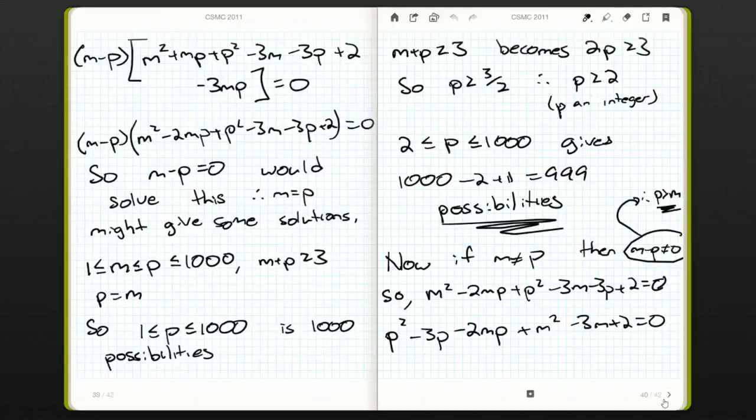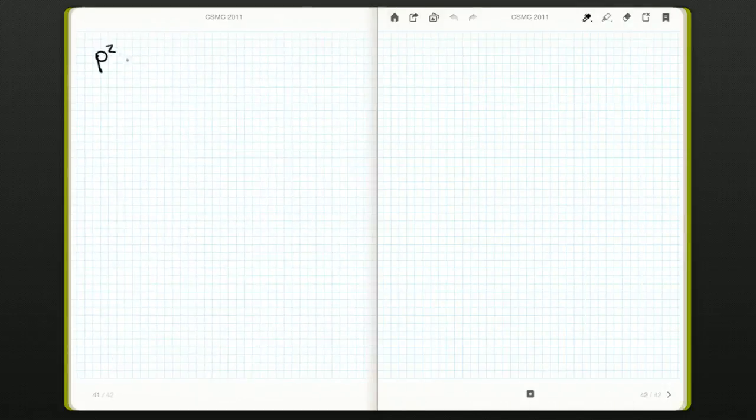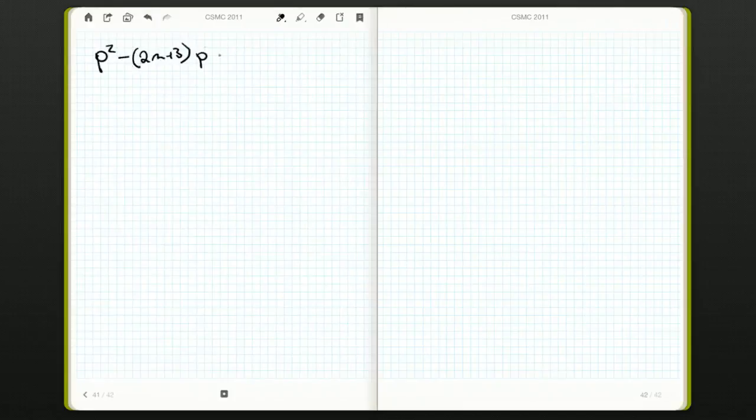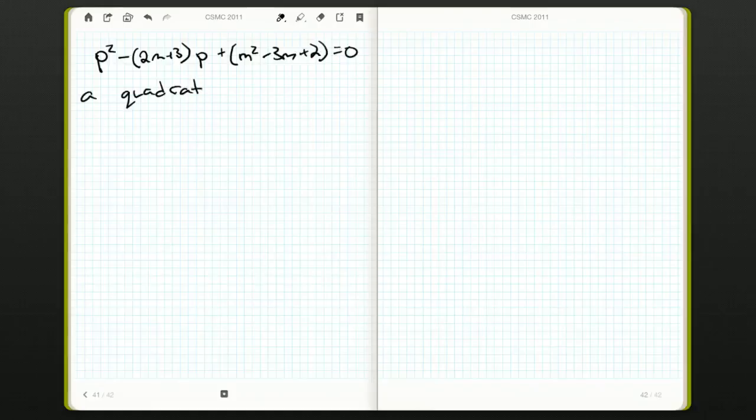Minus 3 minus 2m, so that's minus 2m plus 3p, and then we have m squared minus 3m plus 2 equals 0. So we have a quadratic in p. We can solve for p using the quadratic formula, and then we'll have another relationship between m and p, just like we had before when we said m equals p, and we got a whole bunch of solutions there.